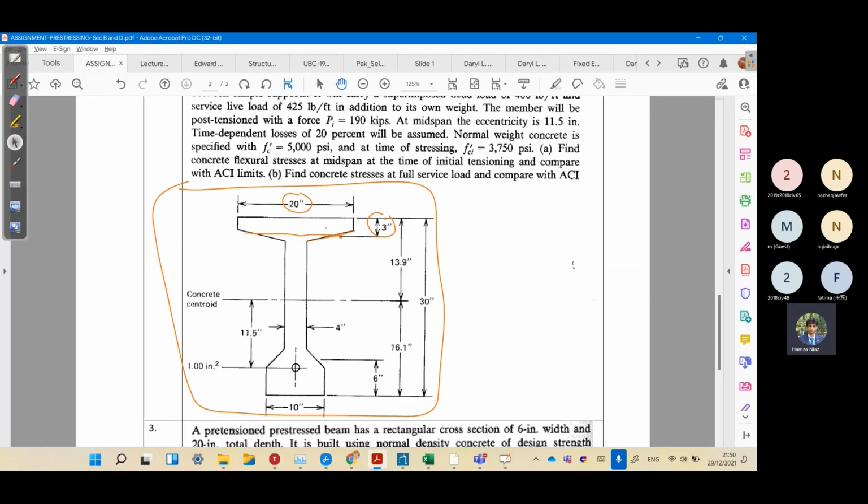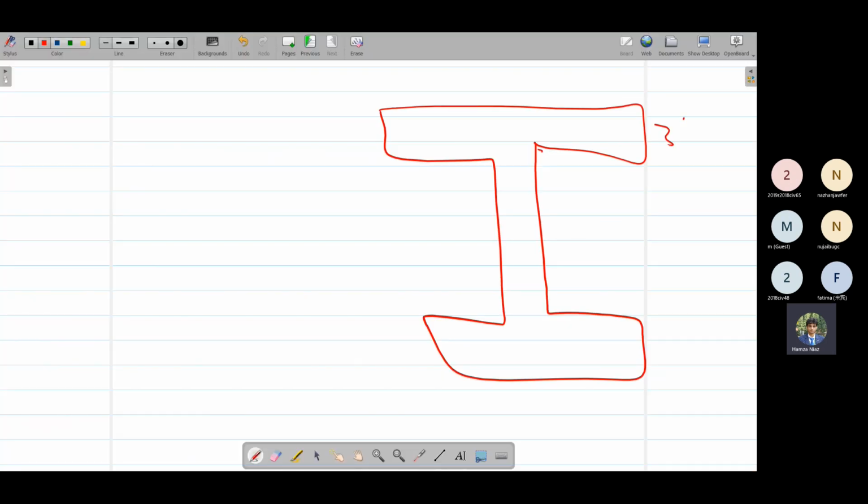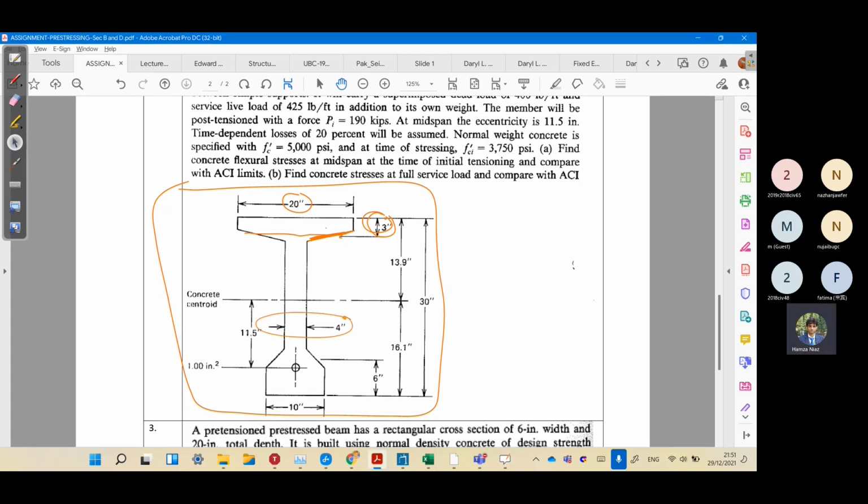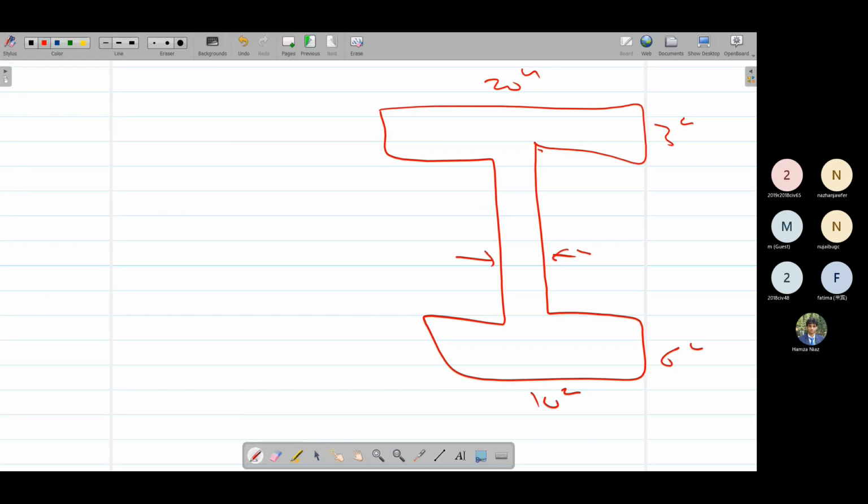So we can take it as rectangular like this: 3 inches, 20 inches, 10 inches and 6 inches, and 4 inches its thickness at middle, and the total height is 30 inches. So this one would be 30 minus 3 minus 6, so 21 inches. So this is our dimension of the I section.